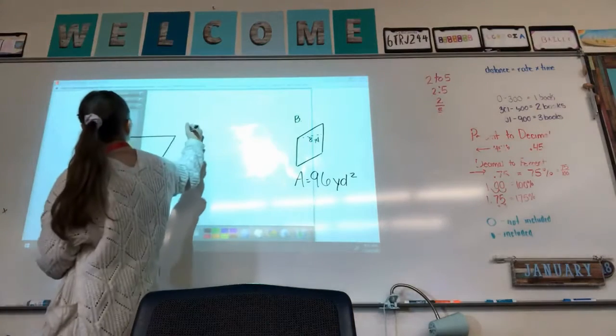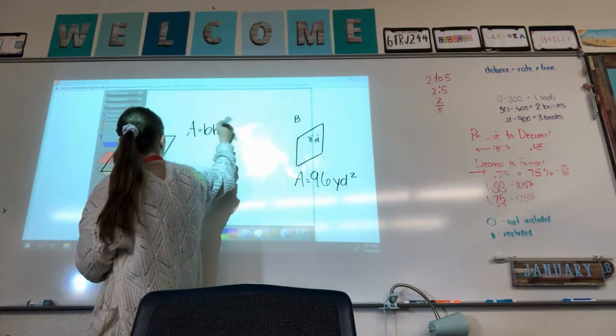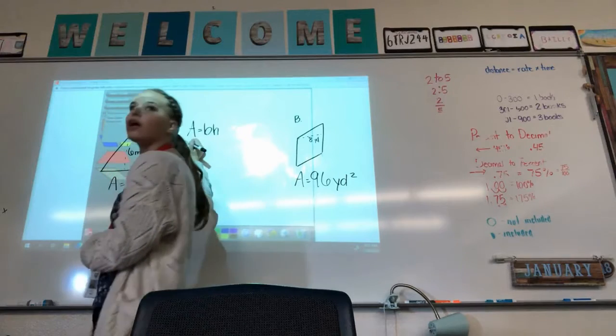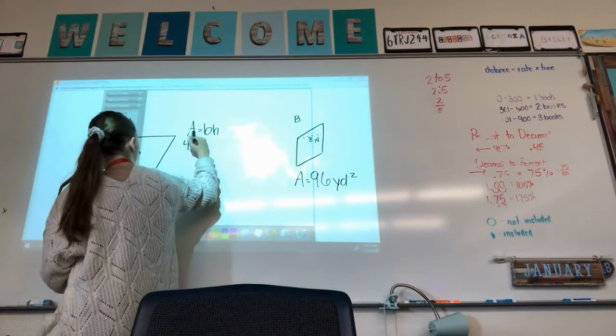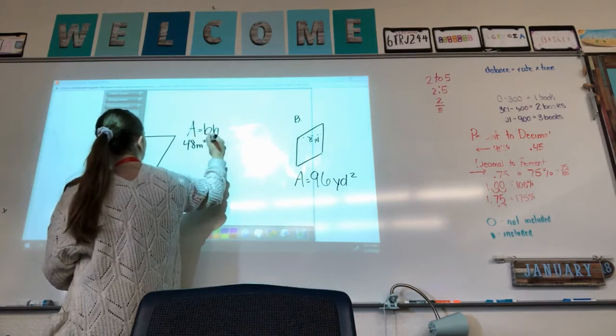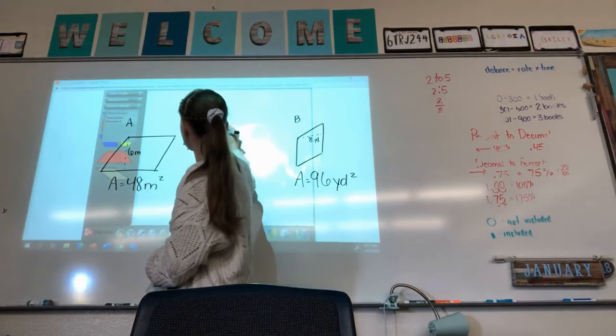We start with our formula. We have our A value, which is 48 meters squared. And we have our height, which is 6.